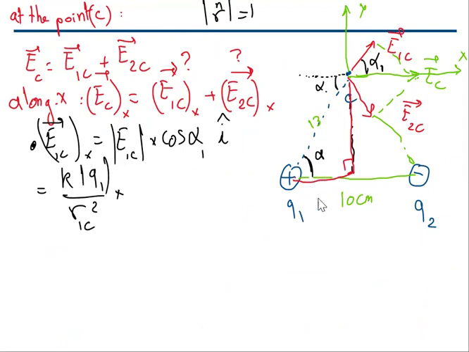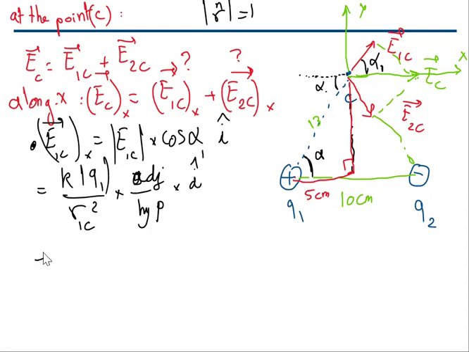The adjacent should be 0.05 meter, should be 5 centimeter, not 10 centimeter, because we are talking about the right angle triangle. So it's multiplied by the adjacent, which is 5. So let's write here: adjacent divided by hypotenuse multiplied by our unit vector.